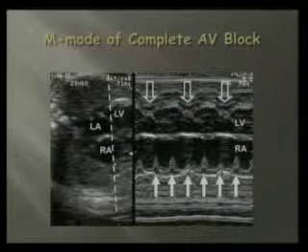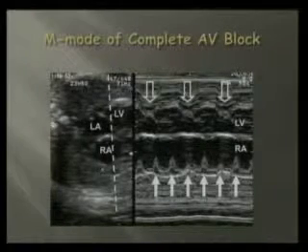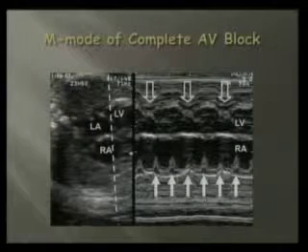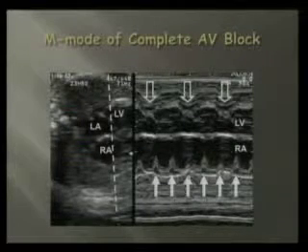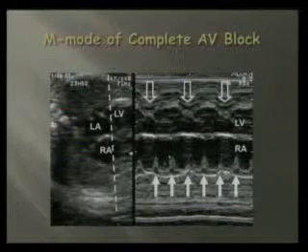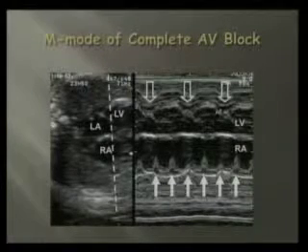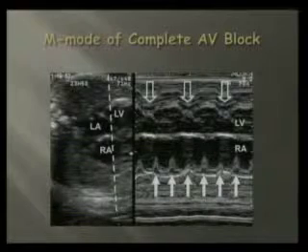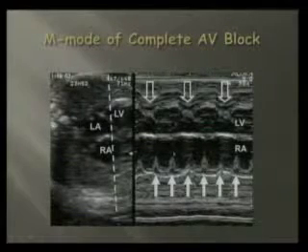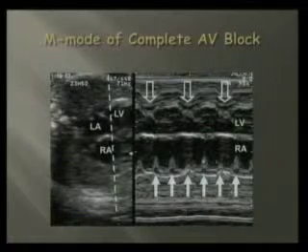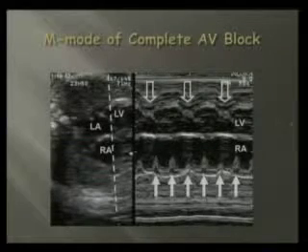And back here, I'm going through the atrial wall, and if you get in the right position, you can actually see atrial wall motion every time there's an atrial systole. So basically, we're looking at P's and QRS's. And in this example, you can see they're not the same, and this is an example of AV dissociation with complete heart block on an M-mode echo.